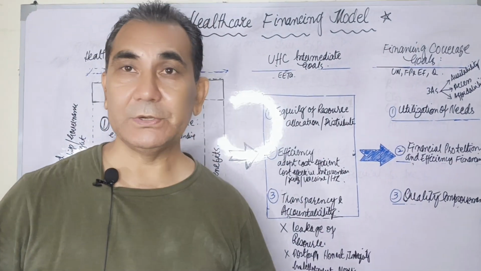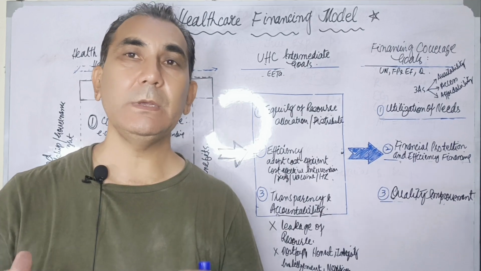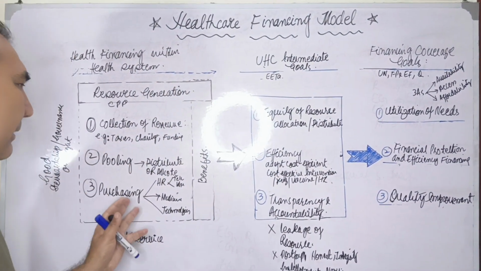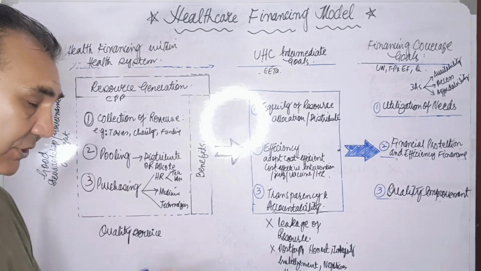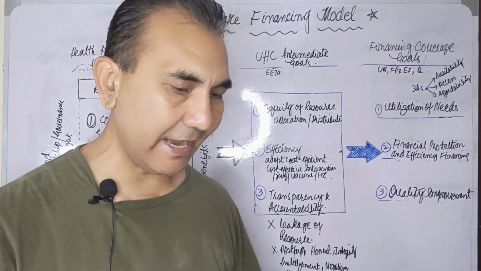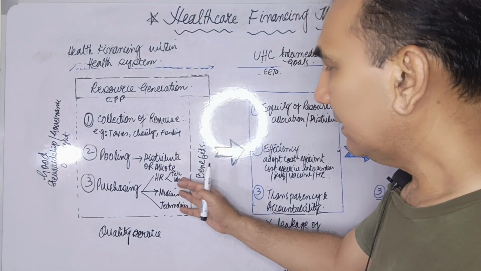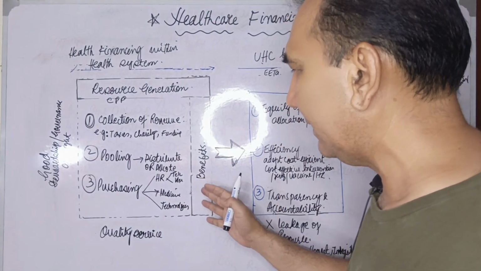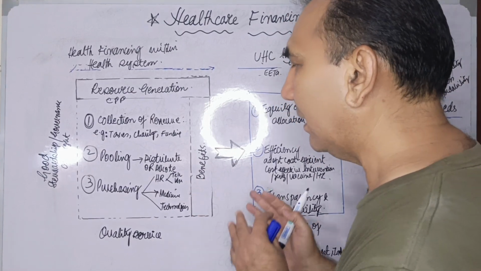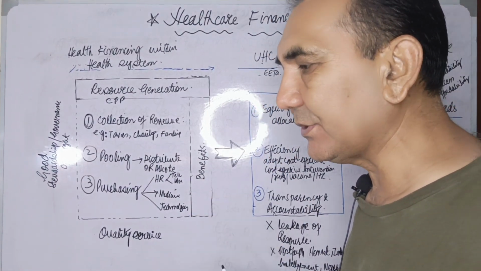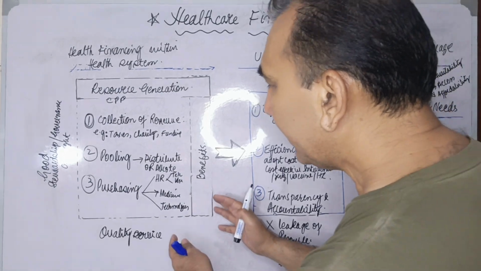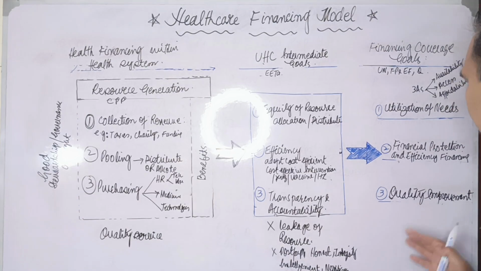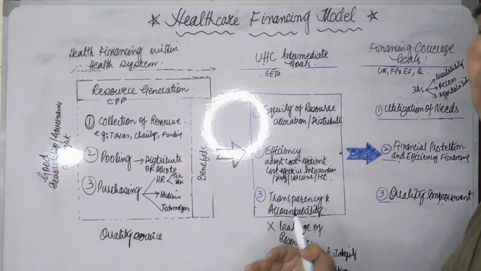How will the quality be improved? At the initial level, when you purchase good HR, good expert people, meaning expert nurses, expert doctors, specialist consultants, and you purchase standard medicine and standard inventories, definitely it will provide good output in the form of quality services, and the quality will improve.